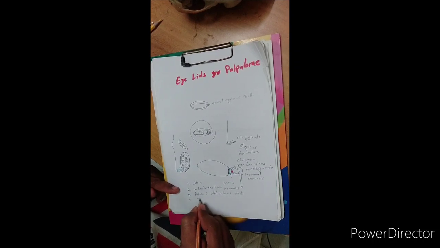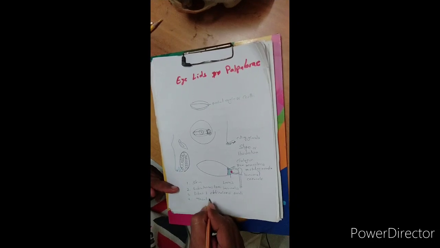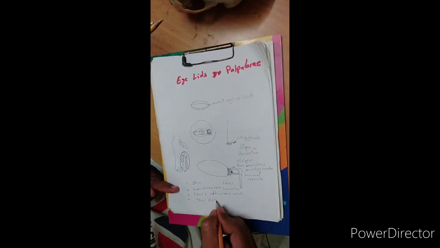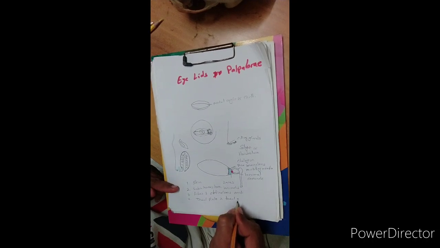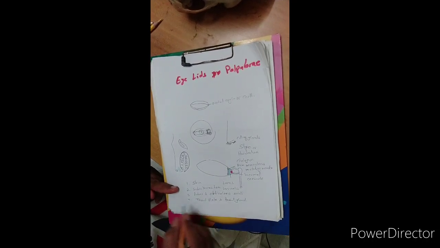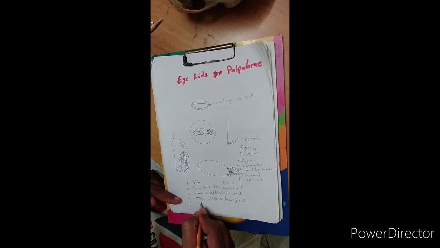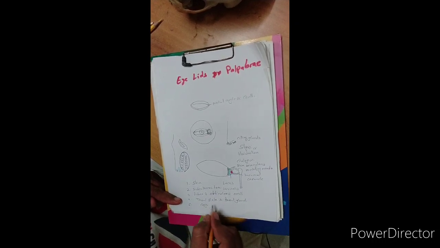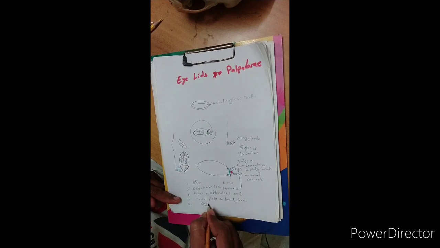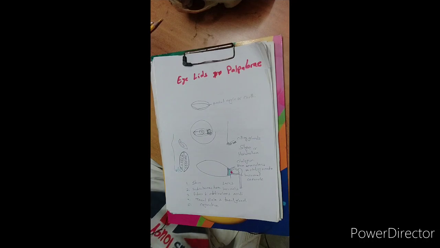Fourth is the tarsal plate and tarsal glands. Then fifth is the conjunctiva, below the tarsal plate. So these are the five layers we will see here.